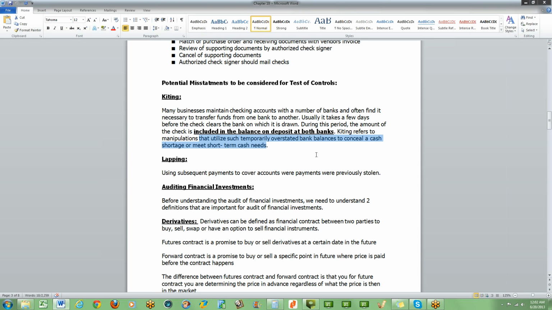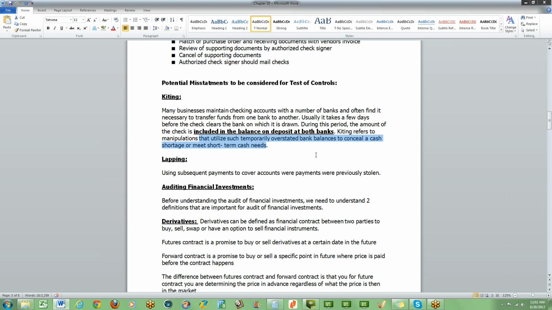Lapping. You know that movie Catch Me If You Can? That's lapping. For example, you have someone in charge of updating accounts receivable, and that person is also in charge of collecting cash. What can that person do? They receive cash of $200. They only apply 180 to that customer and pocket $20.